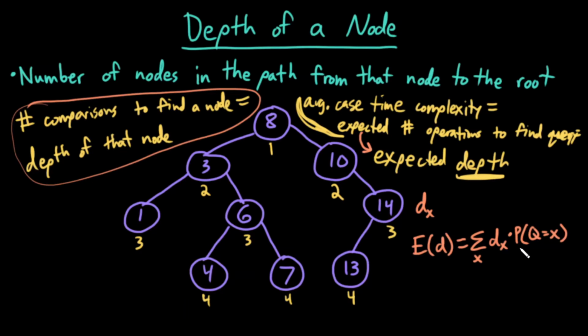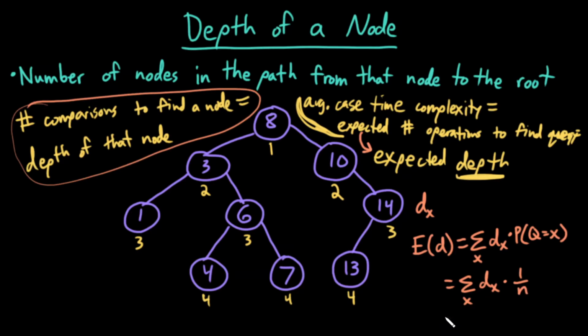And remember, previously I told us that all possible queries are equivalent in terms of probability. So this is the same thing as the sum over all possible queries or all possible nodes x of the depth of that node times 1 over n, right? I have n possible nodes. They're each equally likely to be searched for. So the probability of any given node x is 1 over n.